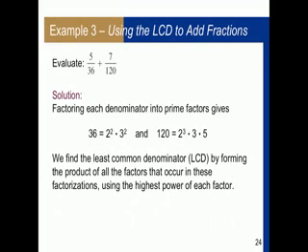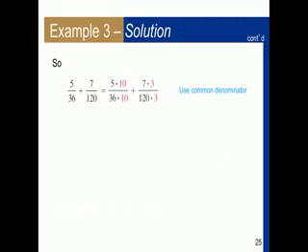We find the least common denominator by forming the product of all the factors that occur in these factorizations, using the highest power of each factor. So the LCD is 2 cubed times 3 squared times 5, which gives us 360.